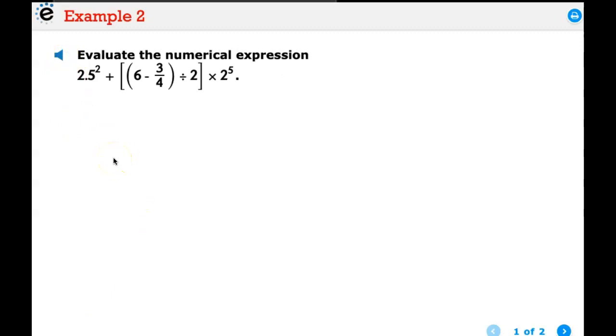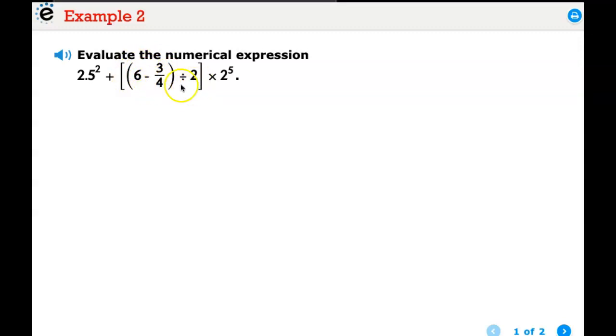Evaluate the numerical expression 2 and 5/10 squared plus the quantity 6 minus 3/4 divided by 2 times 2 to the 5th power. Can anybody tell me what's the first step we should do? Omar? 6 minus 3/4. And when we're done with 6 minus 3/4, we divide it by 2.